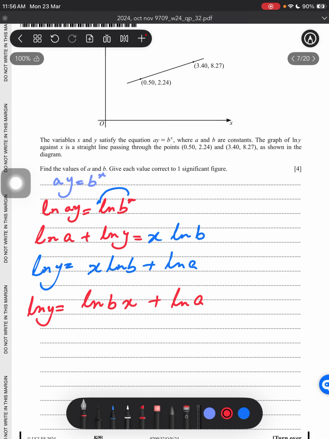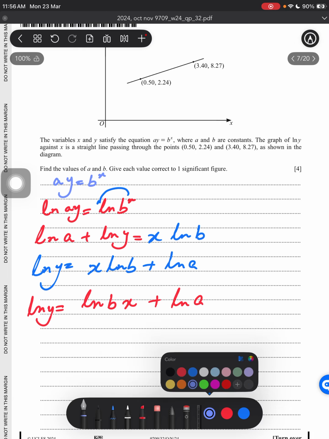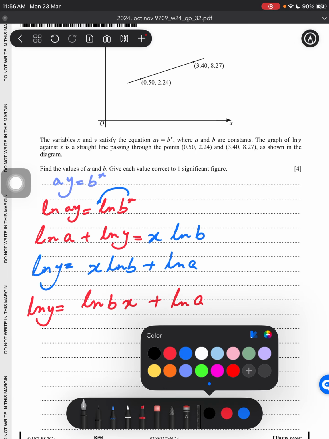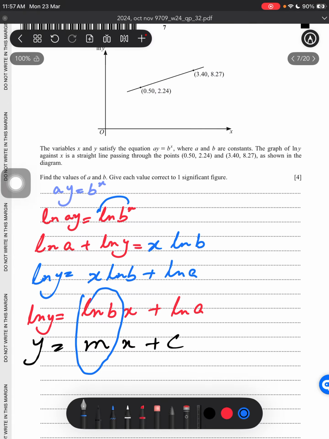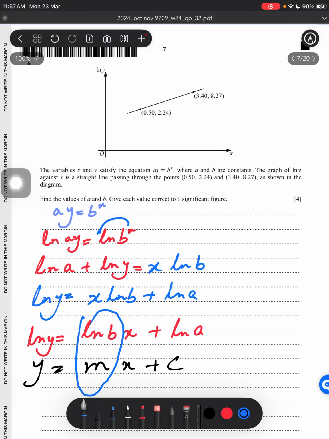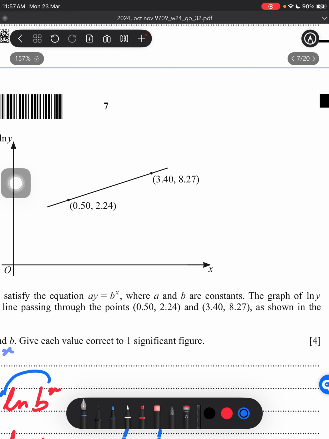Now if I observe closely, this gives us the equation of a line, y equals mx plus c. So this gives us a sense that ln of b would be the gradient, and we already have these 2 points over here by which we can take the gradient.